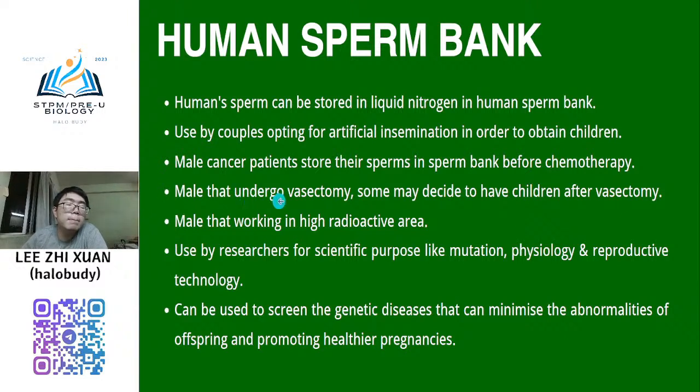And also males that undergo vasectomy may decide to have children after the vasectomy. They did a vasectomy but later regretted it: I want children, I really want children. So they can go to the sperm bank and take sperm. Or males who work in a high radioactive area, when they want to obtain children, need to store their sperm because the high radioactive area will affect the quality of the sperm.